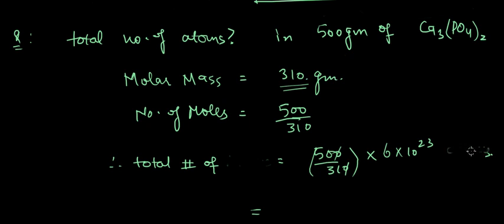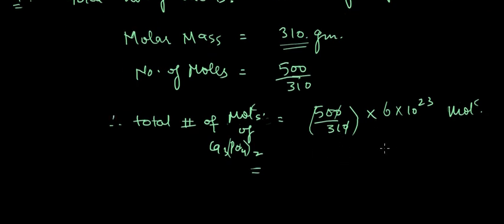I beg your pardon, I wrote atoms, but this is the total number of molecules of Ca3(PO4)2. You can calculate this number. The main point is you have to calculate the total number of atoms.